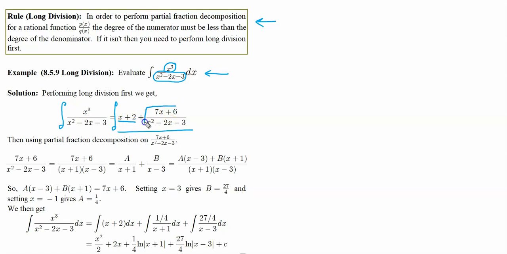And this part right here, we can do partial fraction decomposition on to find the integral for this. Now let's just do this long division quickly just to make sure you see how we get this.